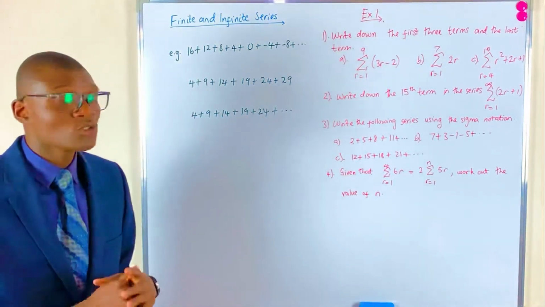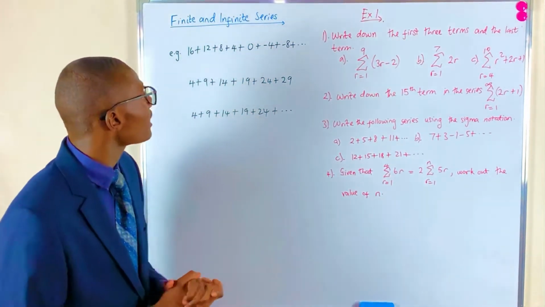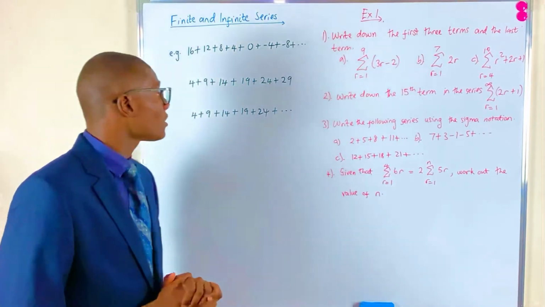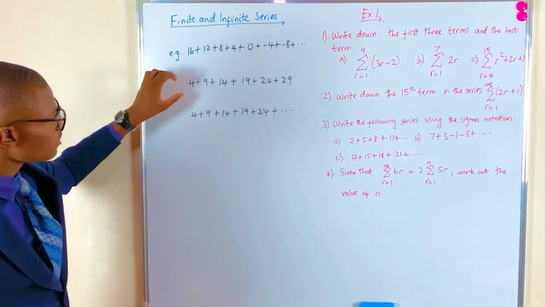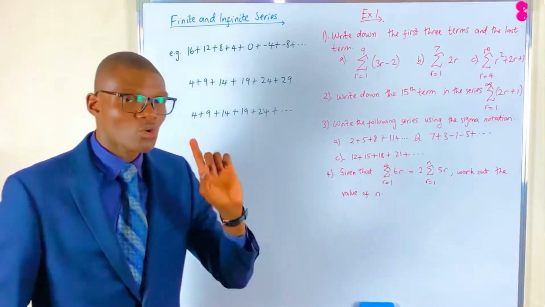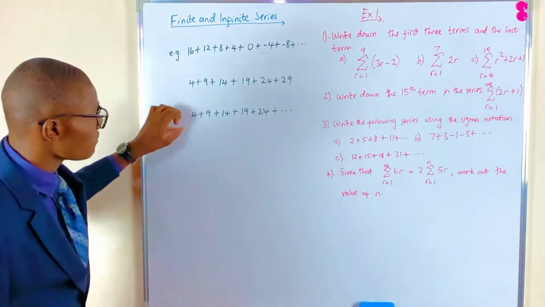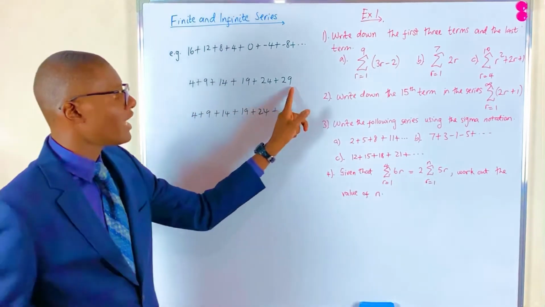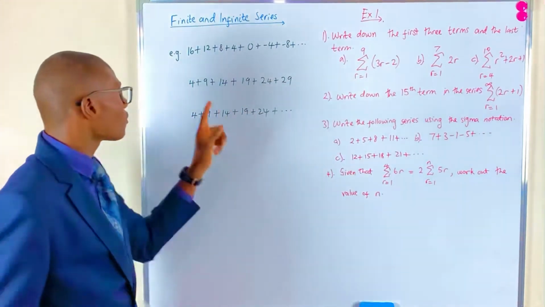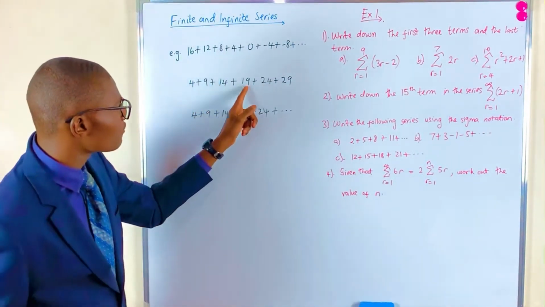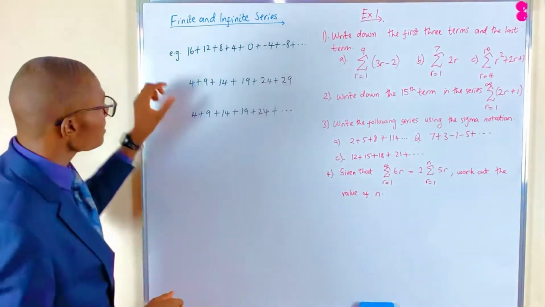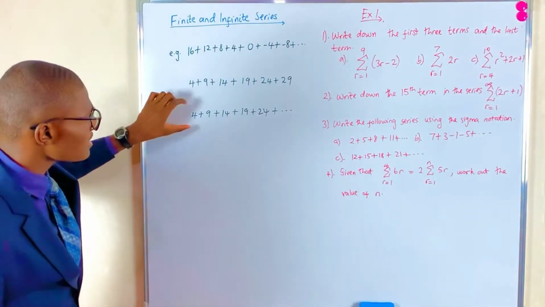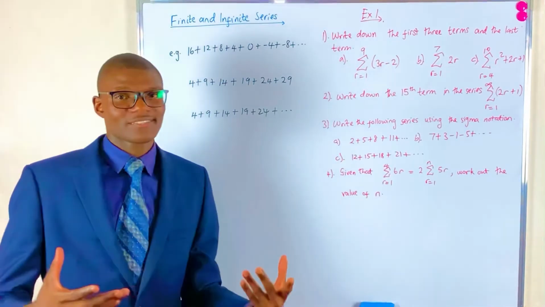So now I'd like to look at the difference between the finite and infinite series. I'd like to do that using these two examples here. What is the difference between these two series? This one stops at a definite number of terms, because we've got the first term, second, third, fourth, fifth, sixth. So you've got 6 terms here. And with this series, it continues indefinitely.